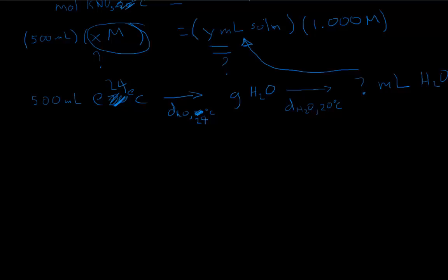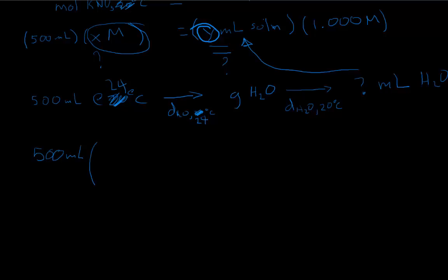Okay, welcome back. So we're going to pick up where we left off, more or less. So we're trying to figure out how many milliliters Y of this solution we have after the water has contracted a little bit. All right, so we're going to use these values from the textbook. So put all these two pieces together. We've got 500 milliliters of water at 24 degrees Celsius.